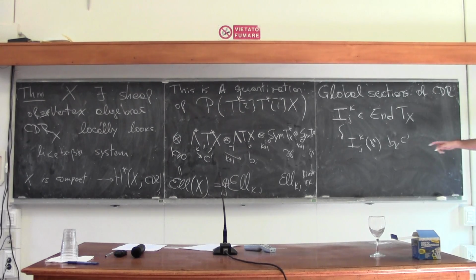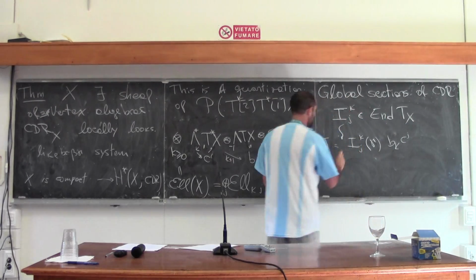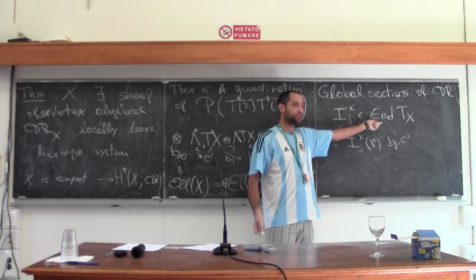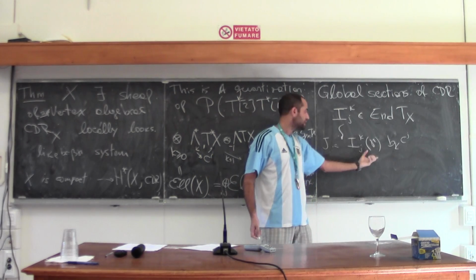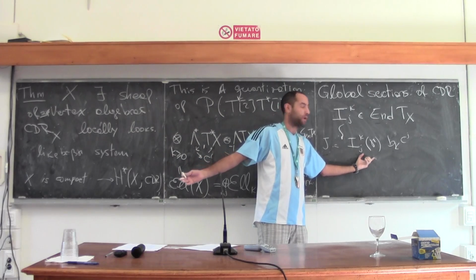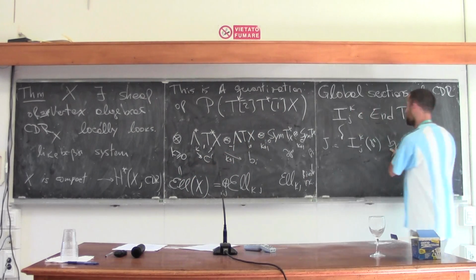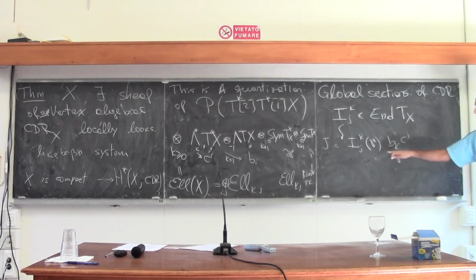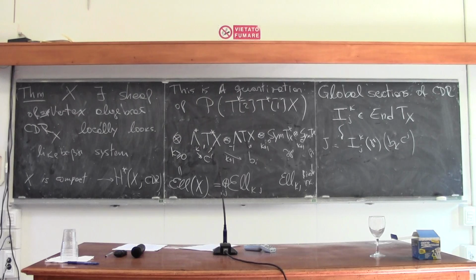So now I need to tell you, when I change coordinates, I want this field to behave in the same way. I want this to be a global section. Certainly, this is a global section of this vector bundle, and locally it is a section of the vertex algebra. But when I change coordinates, this nasty beast here is not even associative. I need to tell you how I change coordinates. I need to tell you how I write the brackets.